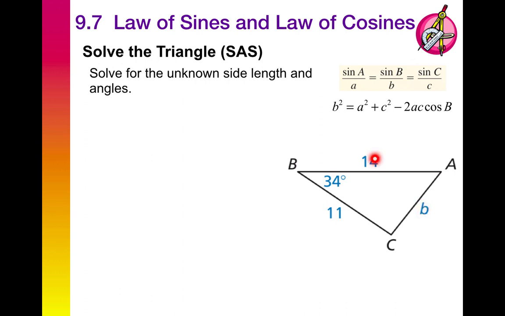If you look here, every time we go from a side to an opposite angle, or angle and opposite side, we can't match up anything that has numbers in it, because angle A and angle C are missing, and so is side B. So let's use this formula, the law of cosines.